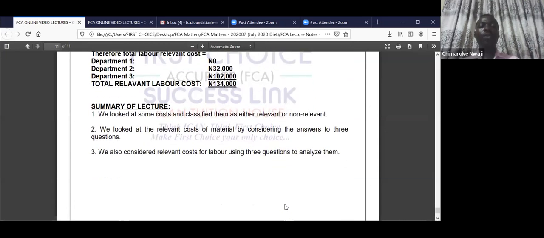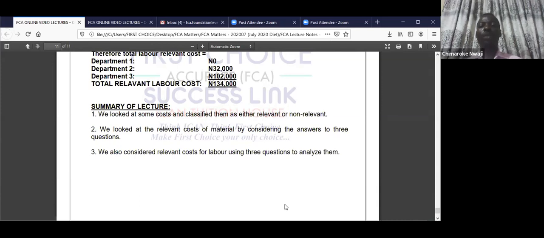So far, so good. We've looked at some costs and we've classified them as relevant or non-relevant. We saw 5 costs that are relevant. We said that relevant costs are variable costs, they are opportunity costs, they are future costs, they are avoidable costs, and they are incremental.